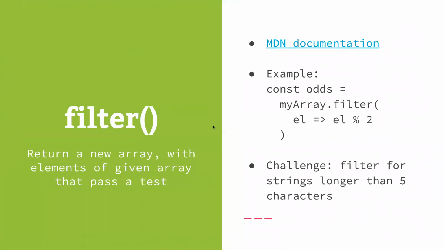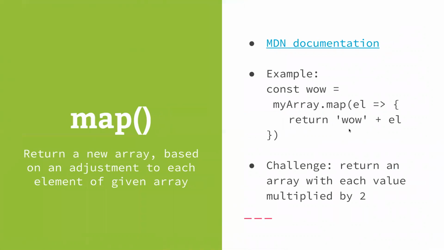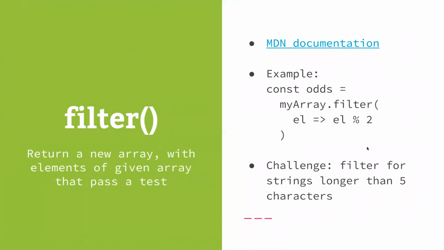Okay, filter. Filter returns a new array with any elements of the given array that pass a test. So with map, we had a function that returned new elements. But with filter, we have a function that's going to return true or false.